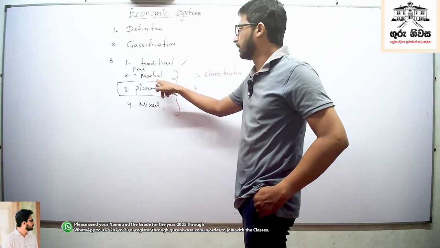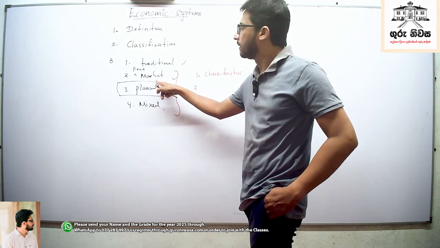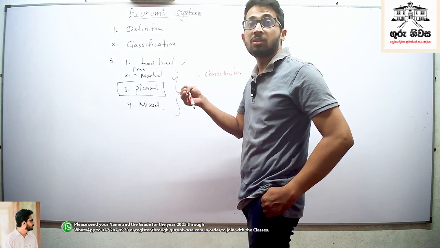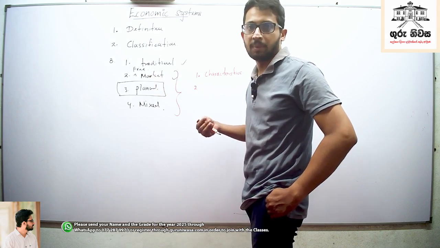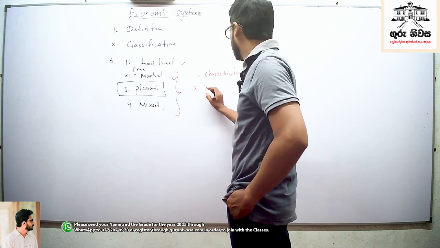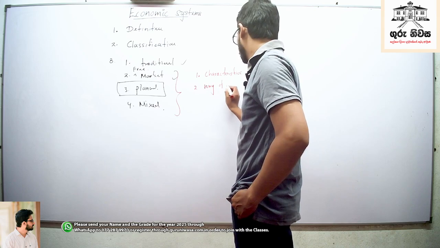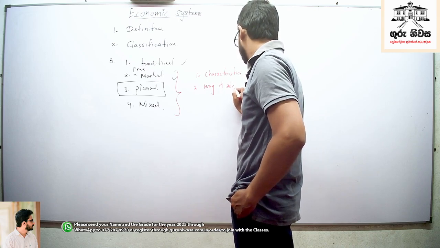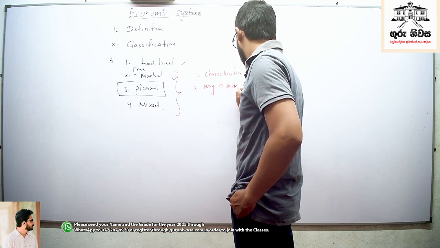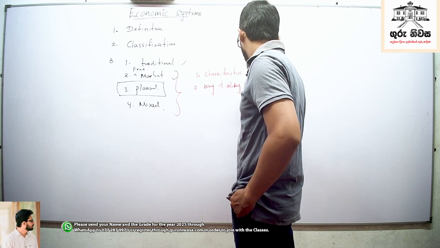For example, in a market economic system, they use a different method to solve basic economic problems, basically the price mechanism. Then the way of solving basic economic problems.